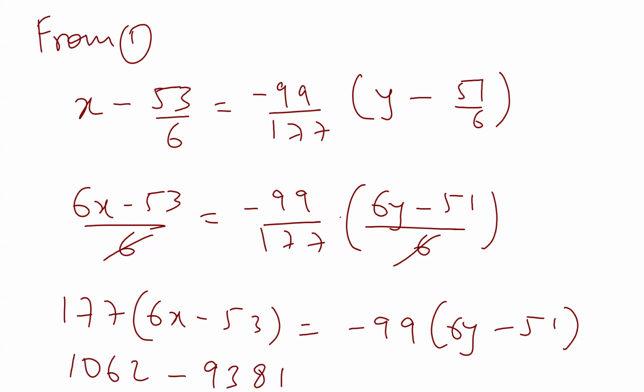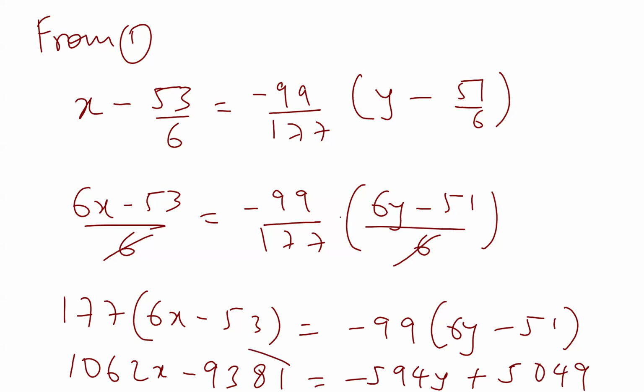I'll put x over here, 1062x, equal to minus 99 into 6, that is minus 594y, plus, minus into minus will be plus, 99 into 51 will give me 5049.